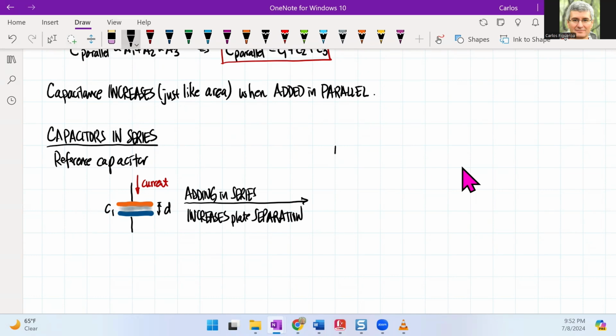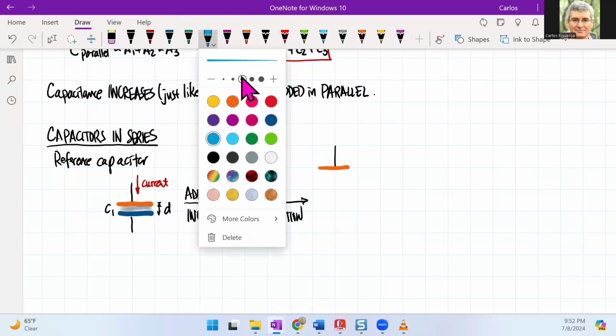I'm going to be coming in, and the first thing that I see here is my orange plate right here. Then I'm going to start to add, I need a different color. How about if I use blue? Okay, so let's make this thicker.